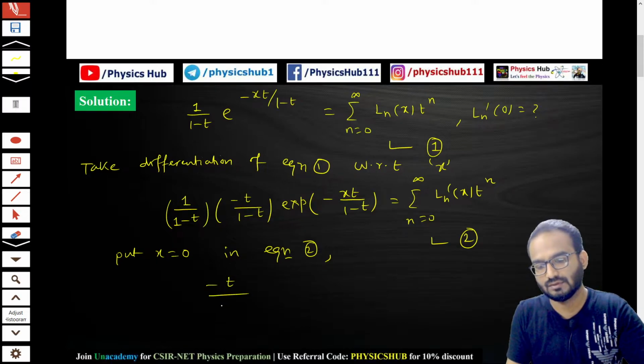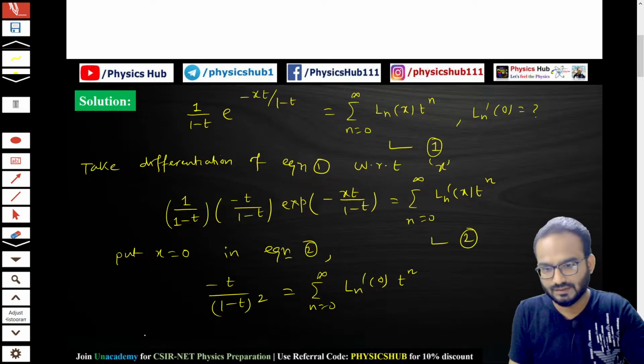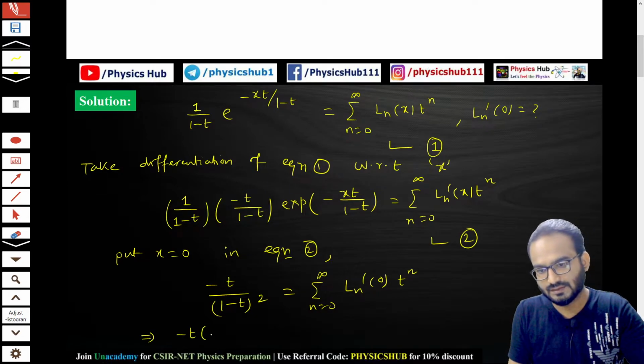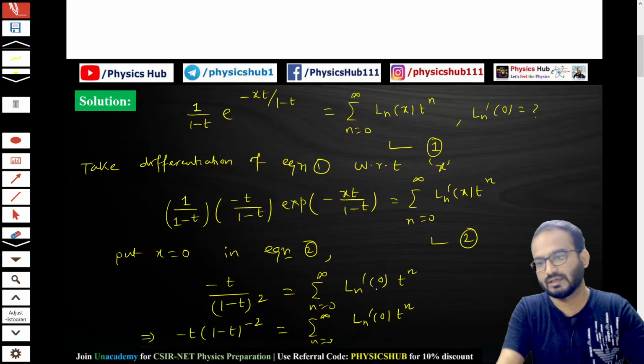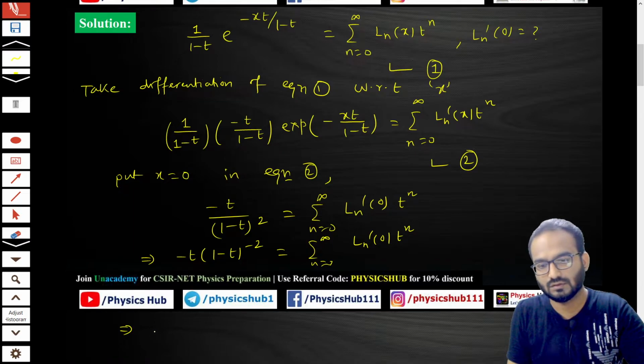Minus t upon (1 minus t) whole square is equal to the sum from n equals 0 to infinity of L_n prime of 0 t to the power n. That's it. So we can write it as minus t into (1 minus t) to the power minus 2, equal to the sum of L_n prime of 0 t to the power n. As simple as that. It's going smoothly. I think no one has any confusion.